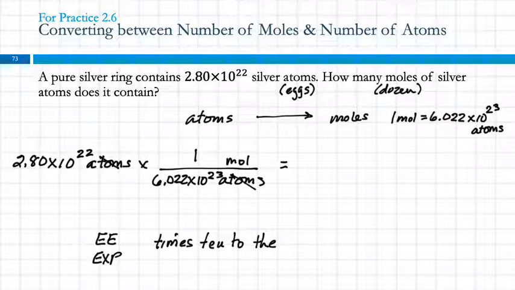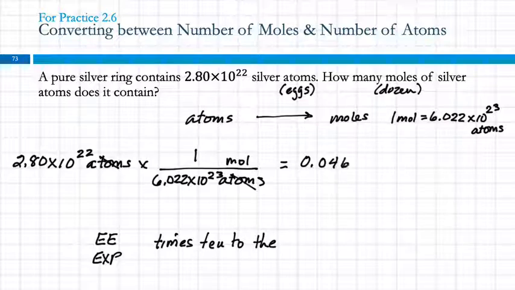But what I'm going to do is 2.80, and as I hit EE, I say times 10 to the 22, times 1 if you wish, divide by 6.022 EE 23 equals. And thinking ahead, I should have 3 sig figs.